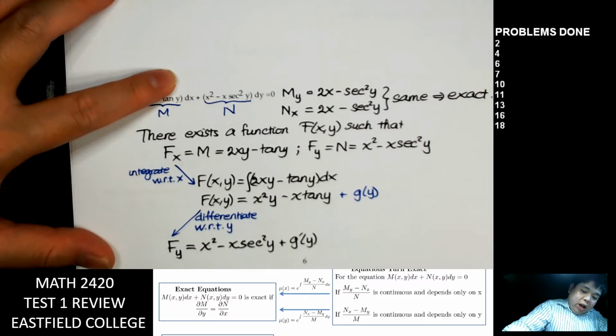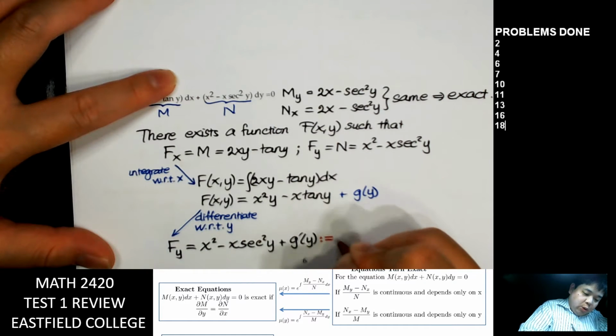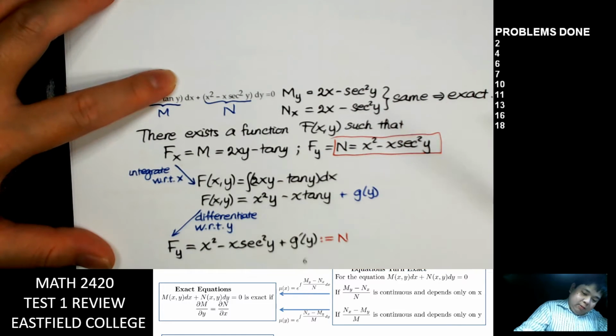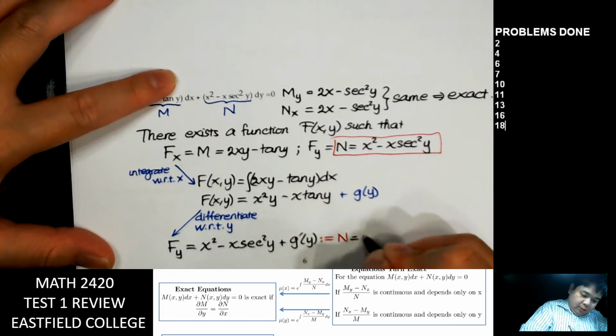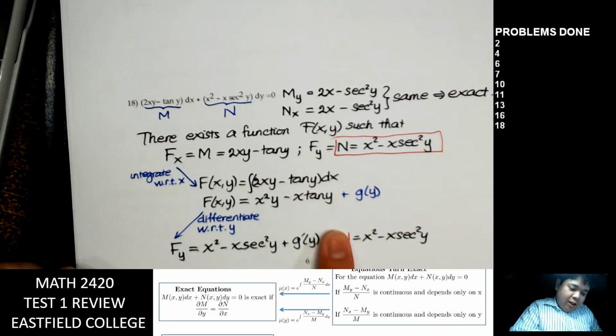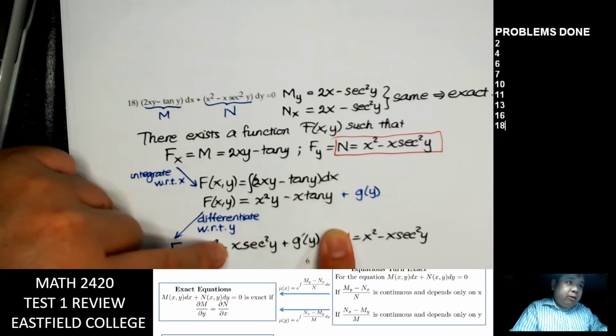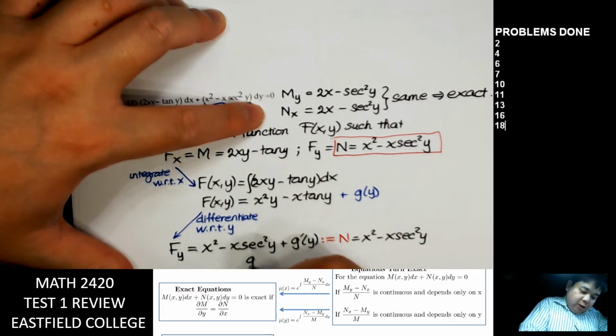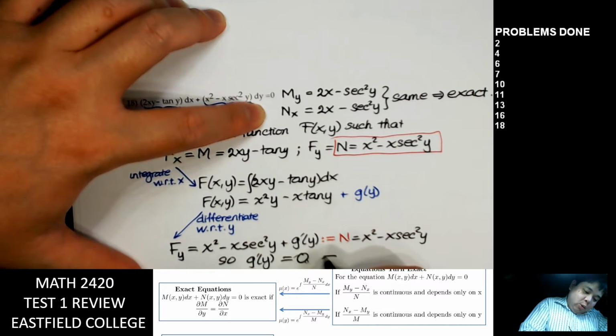And this we will let equal to n, and n is this. Except for that, we just have x squared cancel on both sides, negative x secant squared y cancel on both sides. We have g prime equal to 0, which means g of y is just a constant.